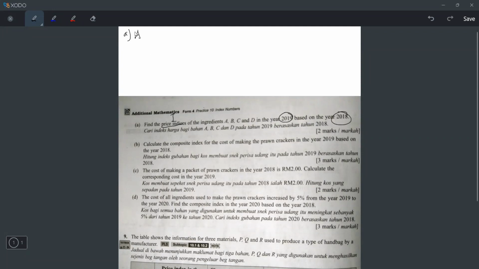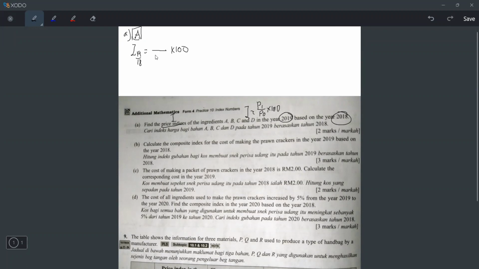So how do I write this? I will write A, and then I will use the formula. What's the formula? I equals P1 over P0 times 100. So how to find the I for 2019 over 2018 for A? The price one will be the price in 2019, 0.5.